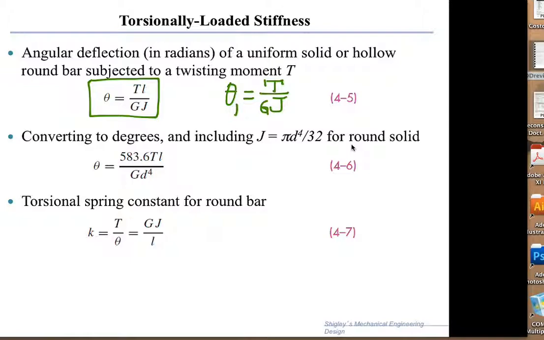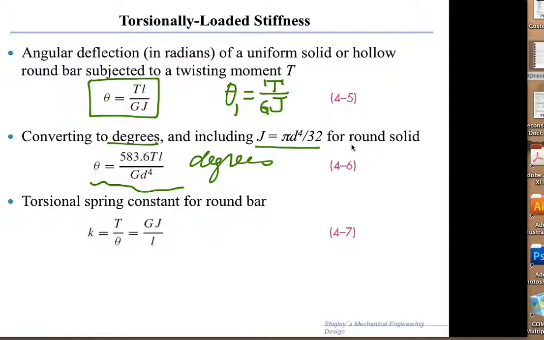Equation 4.6 is the same as equation 4.5, but we converted the angle to degrees and substituted for J, the polar moment of inertia of the round cross section with a diameter d, to give a more practical calculation of the angle of twist in degrees. So this is in degrees.